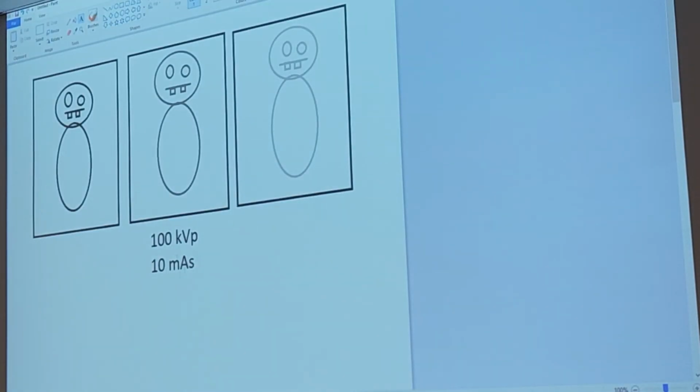So I want to reduce the mass in order to adjust my dose. Does that make sense? So let's say that I reduce my mass. So now I'm at 100 kVp and 5 mass.